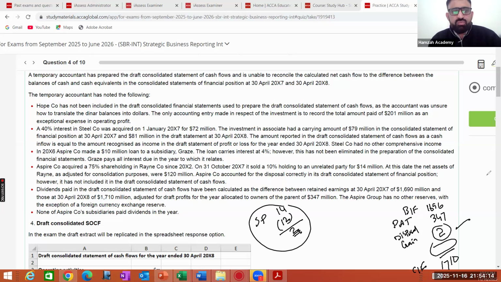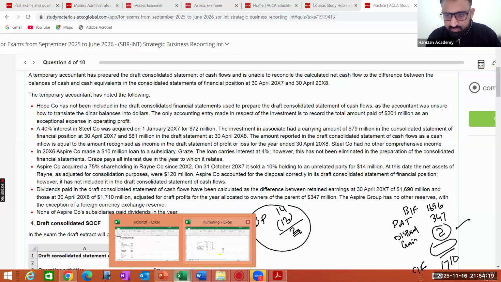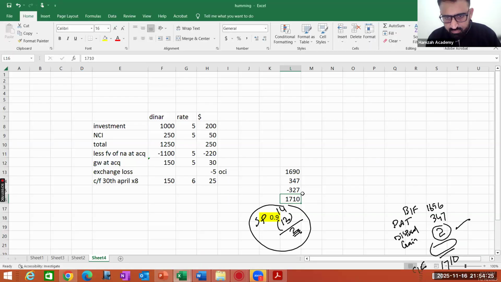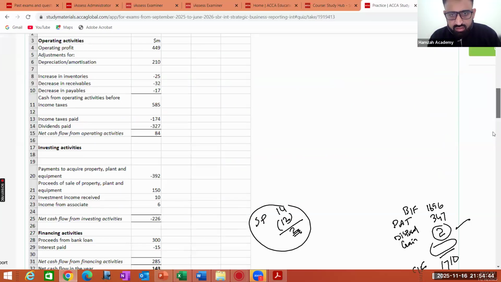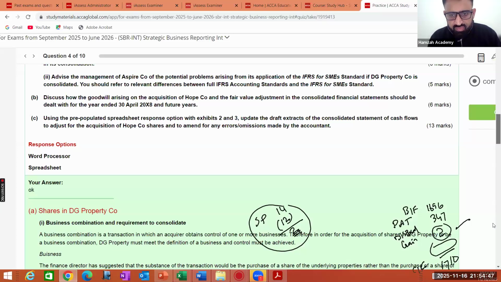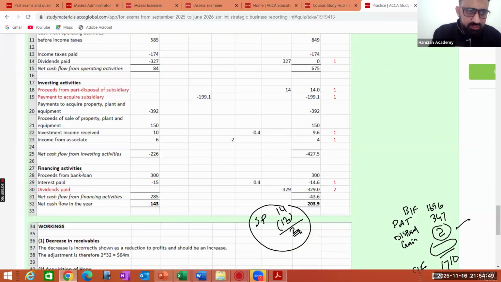Now, if you consider these two in your retained earnings account, you can see you have a dividend payment of 329 here. So that's why in the consolidated cash flow statement, they have taken 329 here.